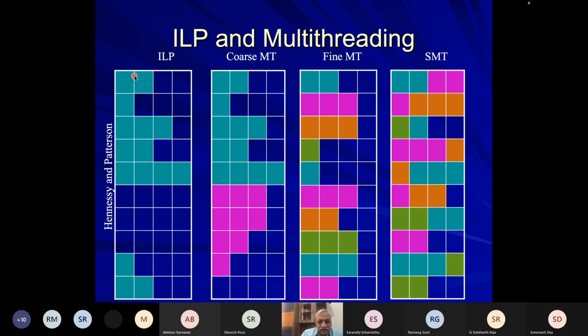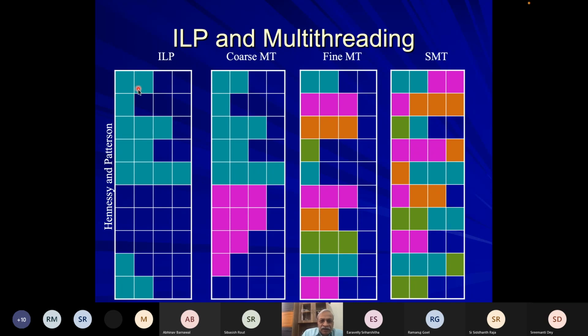The vertical axis is the time axis, and what this is showing is that in one cycle, we are considering one thread at the moment. From that thread, we found 2 instructions which could be done in parallel. In the next cycle, only 1 instruction could be done in parallel. In the third cycle, 3 could be done, and so on.